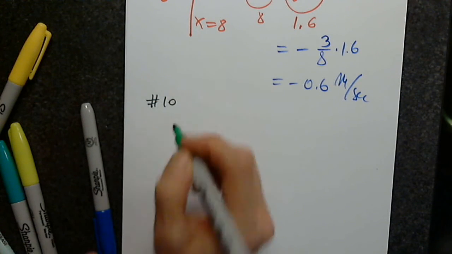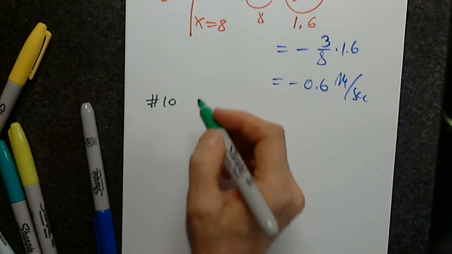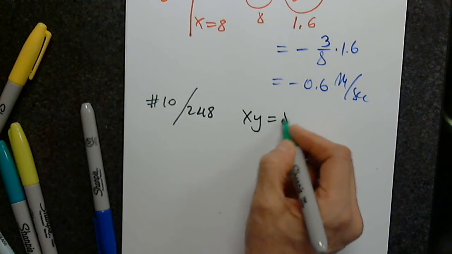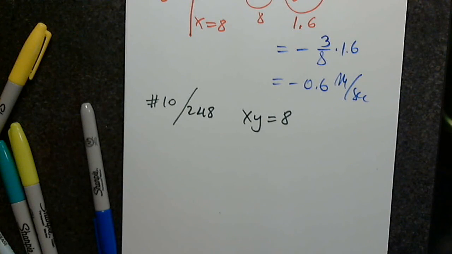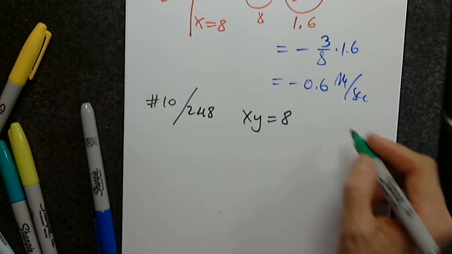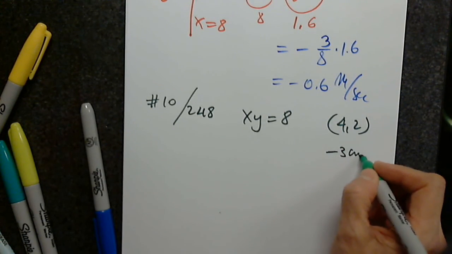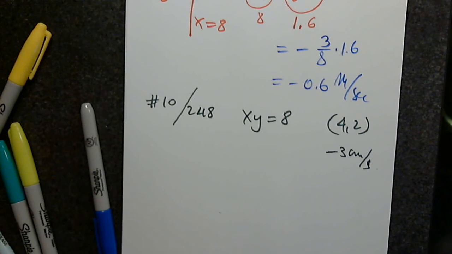So 10 on page 248. Last one. So we have xy equals 8. As it reaches the point (4, 2), the y-coordinate is decreasing at a rate of negative 3 centimeters per second, right? The y-coordinate.